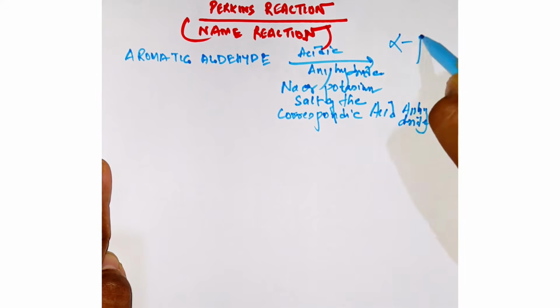So your product will be an alpha beta unsaturated acid.